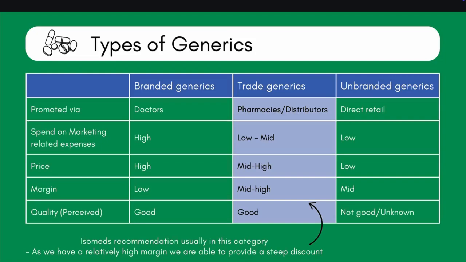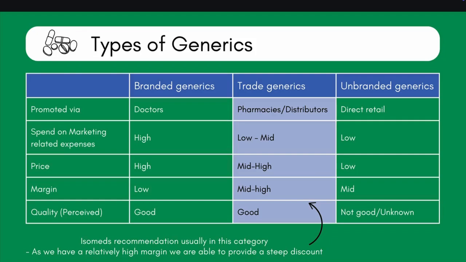Under branded generics is where the pricing is really low. Let's say if you can buy a paracetamol for 30 rupees on branded generics, it would be 15 rupees in trade generics, and it would be 10 rupees in unbranded generics. Might be even lower, 5 rupees for a 10 tablet strip.